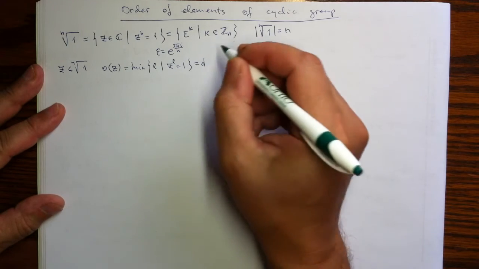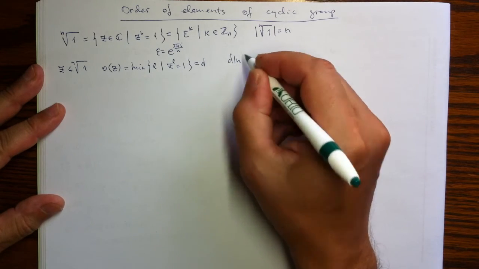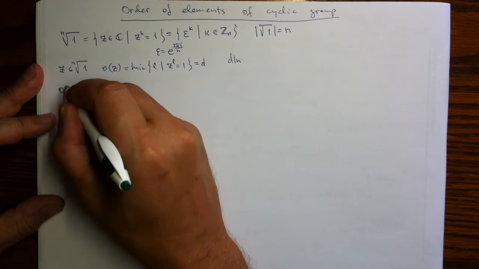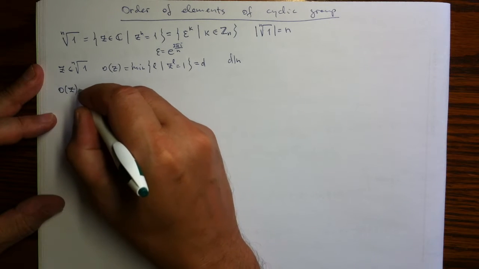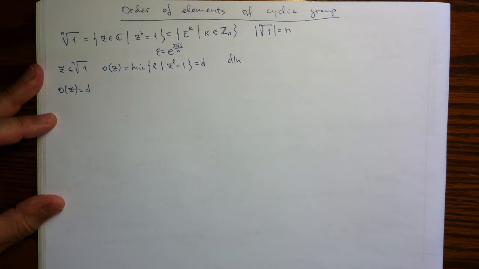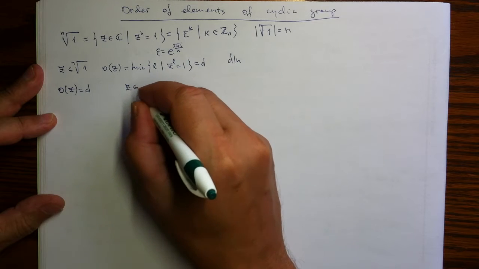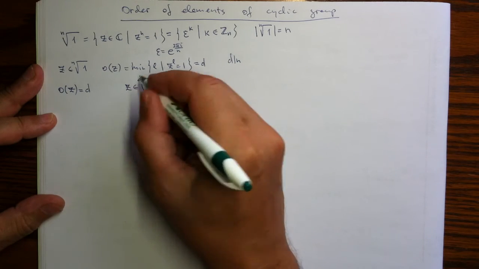And that has to be obviously a divisor of the degree n of the root. So let's look at the situation when we have a root which is of order d. Well, we can just forget about degree n and say that this is a degree d root.